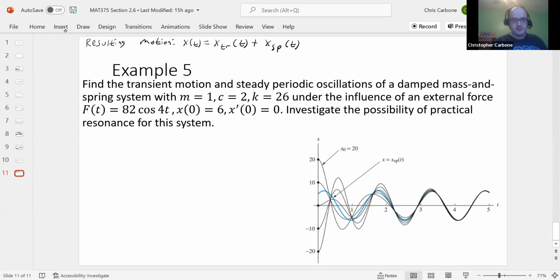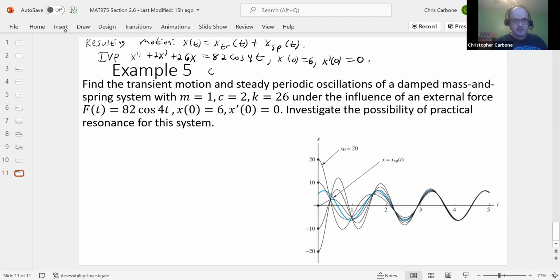So the initial value problem that we're going to have for this is x double prime plus 2x prime plus 26 times x is equal to 82 times the cosine of 4t, with x of 0 being 6 and x prime of 0 being 0.